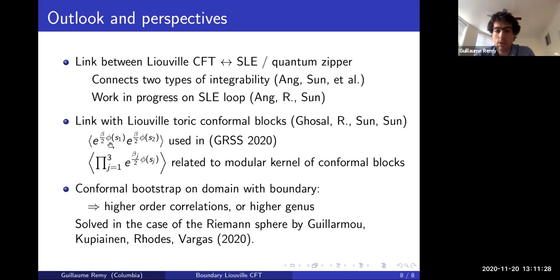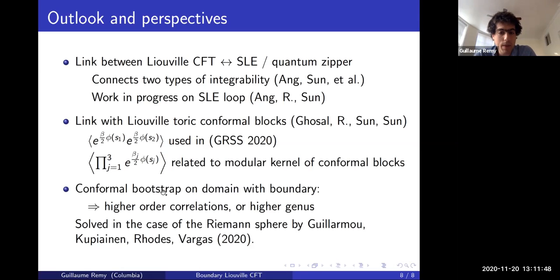So this really has applications to this work. And these conformal blocks have some conjectured modular transformation properties we're now working on, which are related. There's some modular kernel that's also related to this boundary three point function. So it has applications there.